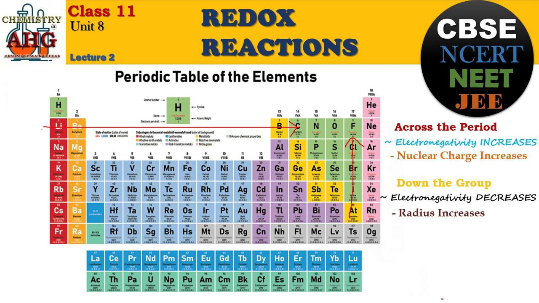So with this information about electronegativity, simply remember, whenever there is a comparison between metal and non-metal, non-metal is more electronegative. If you need a comparison between two non-metals, just remember this trend. These trends will tell you which element is more electronegative.